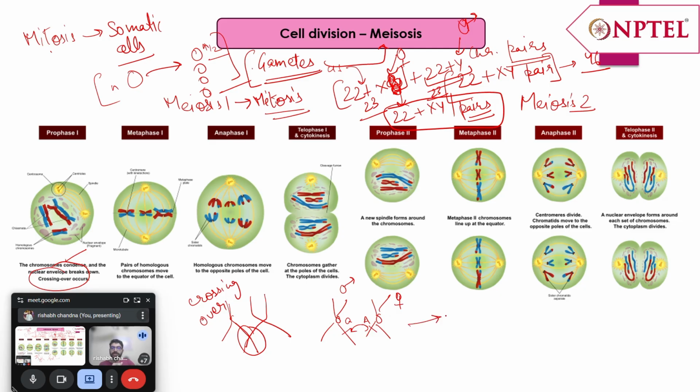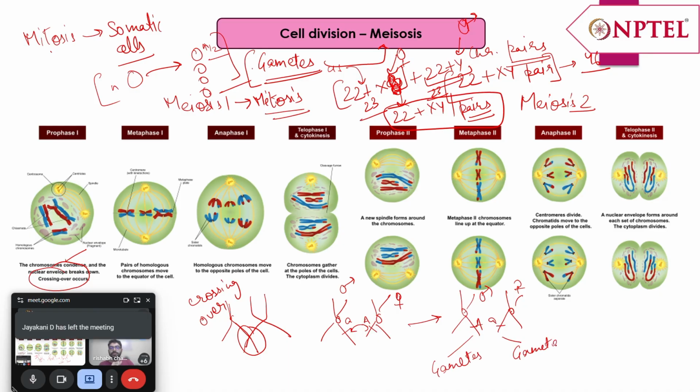After the crossing over, this capital A comes to the male counterpart and this small a comes to the female counterpart, and these will go into different gametes. This is a basic description about crossing over. This will lead to the different non-parental gametes that form during the course of meiosis.